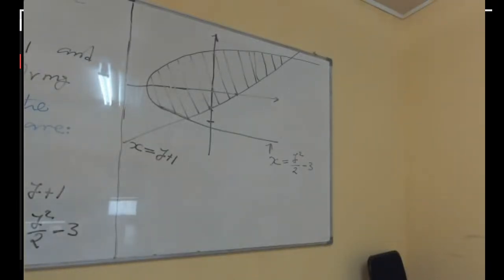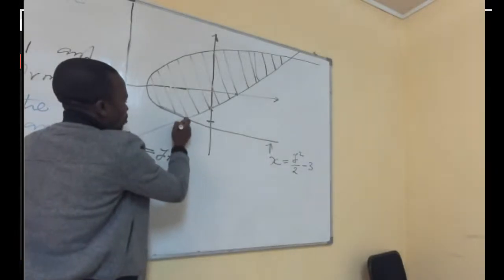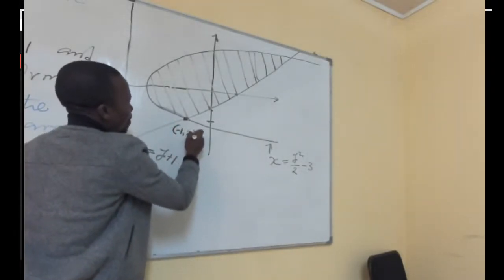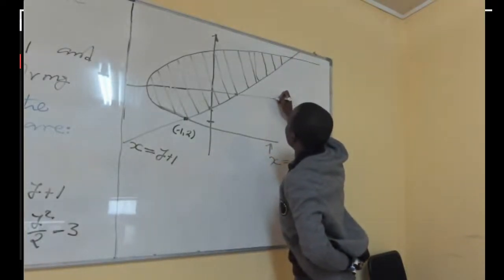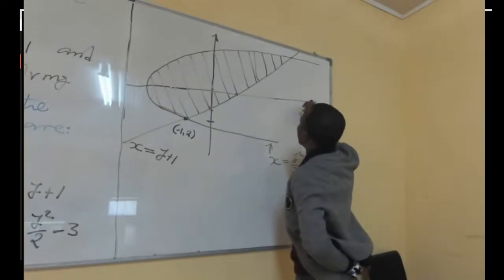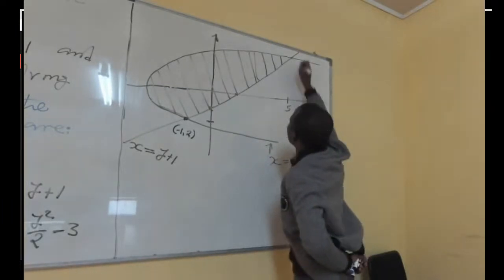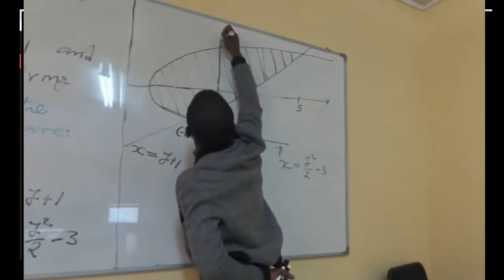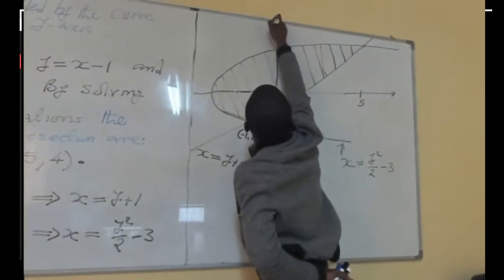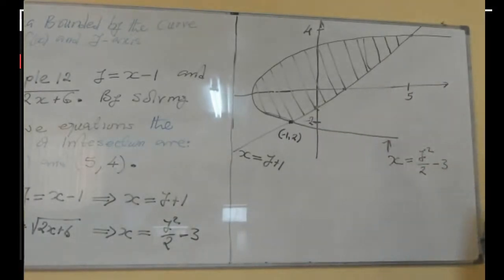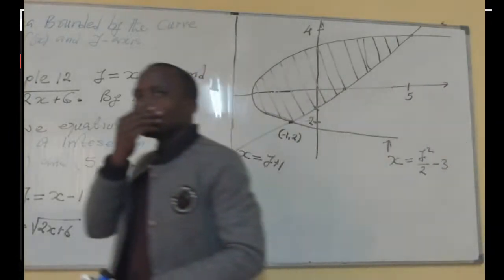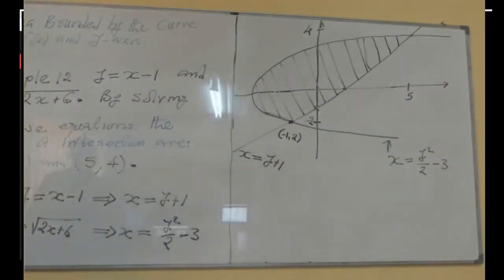So this point is the point negative 1 comma negative 2, and this point is the point 5 comma 4. So these curves will meet at negative 1 comma negative 2 and 5 comma 4.